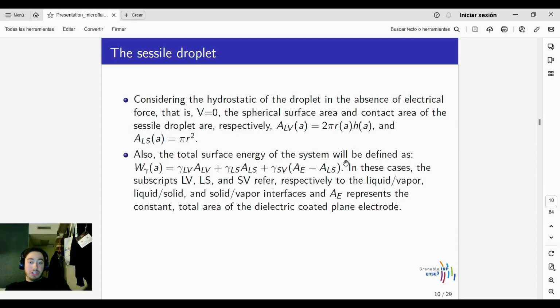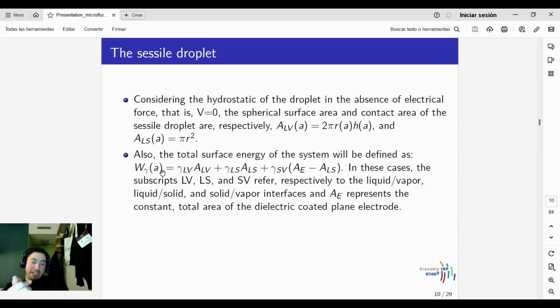We also introduce the definition of the total surface energy, which will be denoted as W gamma. In this case we will relate the surface tension multiplied by the area of the complete droplet, as we can see.